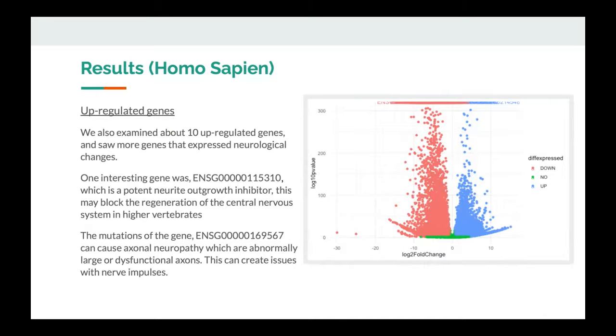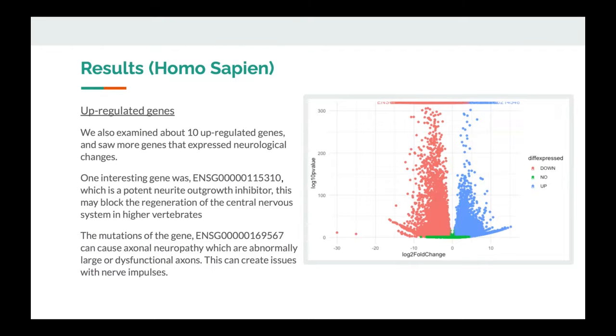For our upregulated genes for Homo sapiens, we did 10 also, and we saw that they expressed more neurological changes, like mutations. A couple of interesting ones: there was a potent neurite outgrowth inhibitor, which blocks the regeneration of the central nervous system in higher vertebrates.